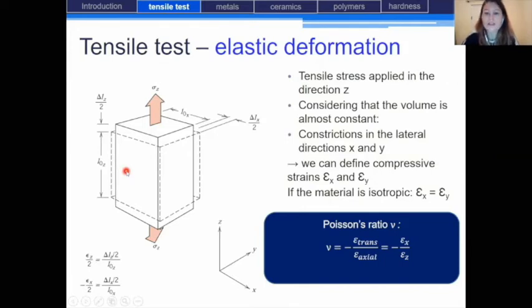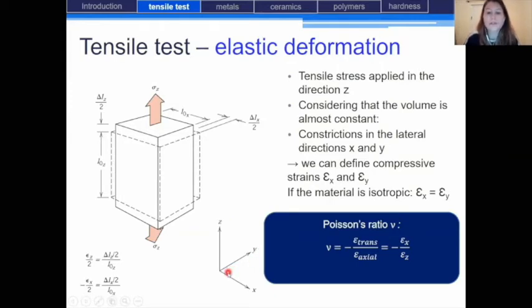And so we can define the compressive strains that occur in these two directions, epsilon x and epsilon y. And if the material is isotropic, which means it has the same composition and the same kind of bond in all the directions, we will have the compressive strain epsilon x equal to epsilon y.